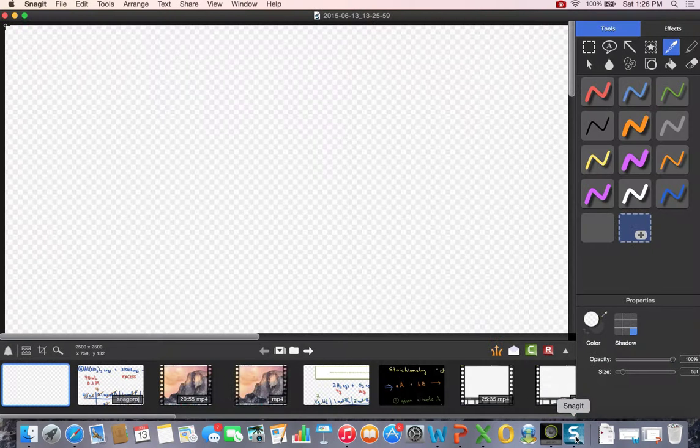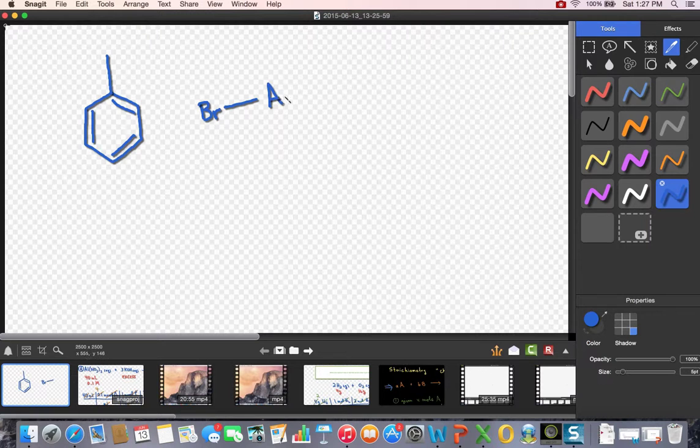So just to review this mechanistically, if we consider toluene, which is methylbenzene, it is one of the pi bonds in the aromatic ring that acts as the nucleophile. And we're going to have bromine, a bromine atom that's actually complexed with the Lewis acid.